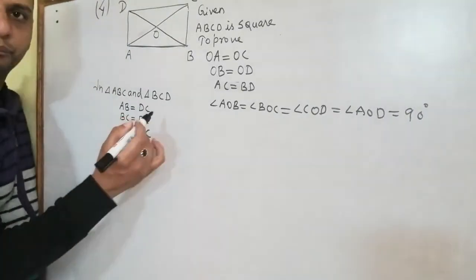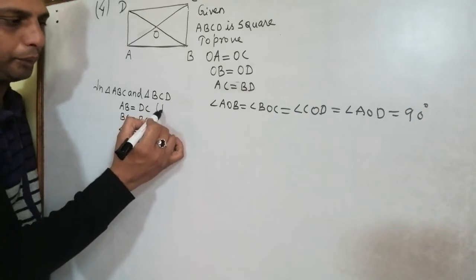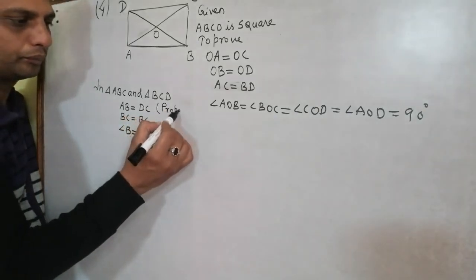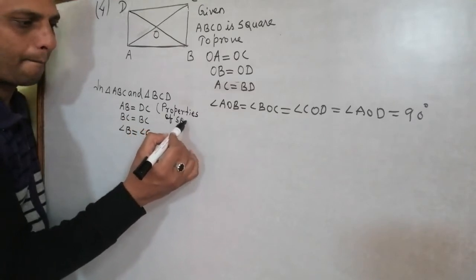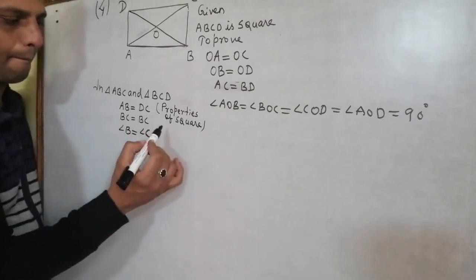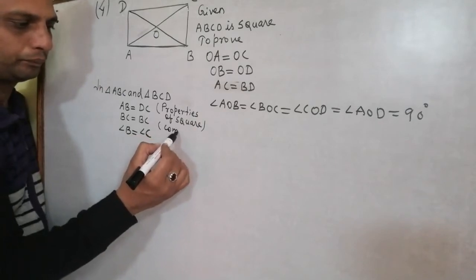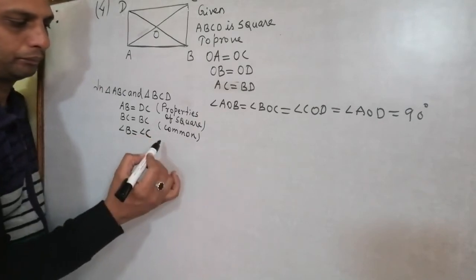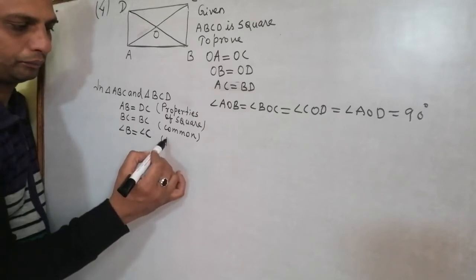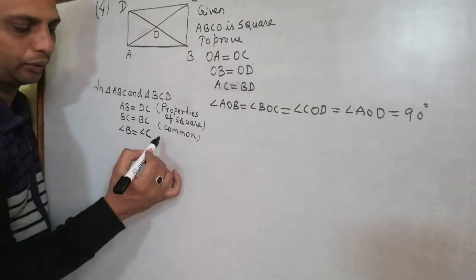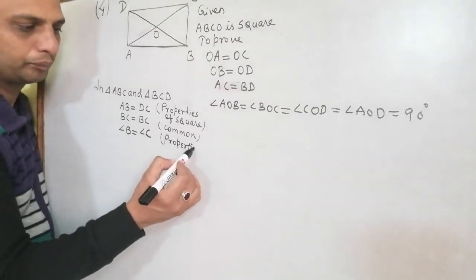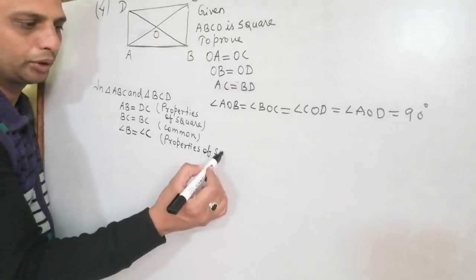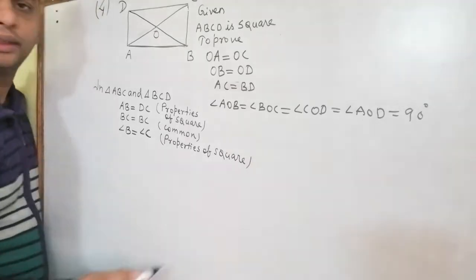So we can write here, this is the property of the square: all angles of a square are equal. Again, you can write properties of square, because in a square all angles and all sides are equal.